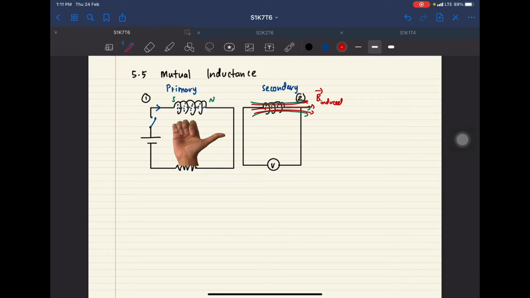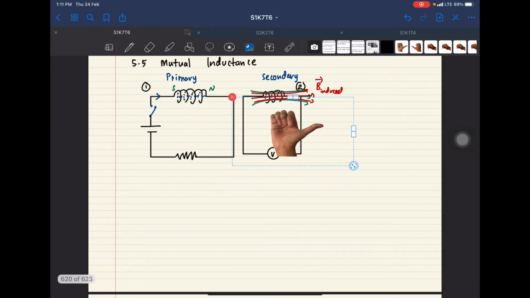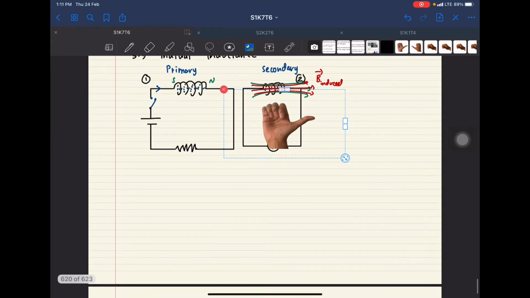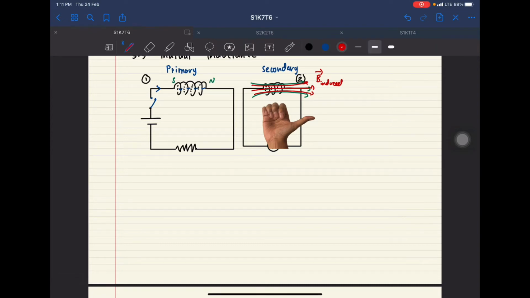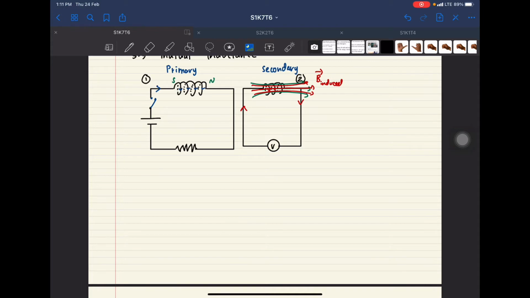Using the same right hand grip rule here, I can determine the direction of the induced current. I think I blocked the inductors there, but it will be in that direction, right? Let me delete this one.